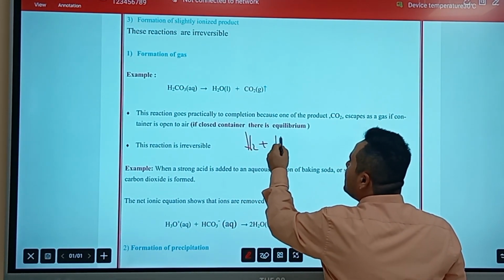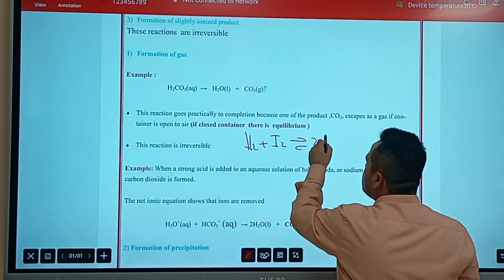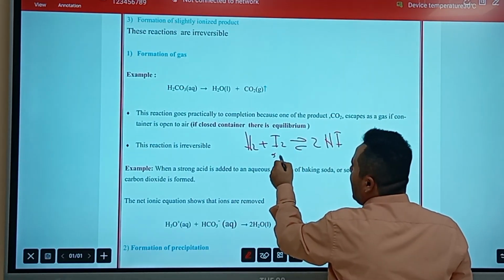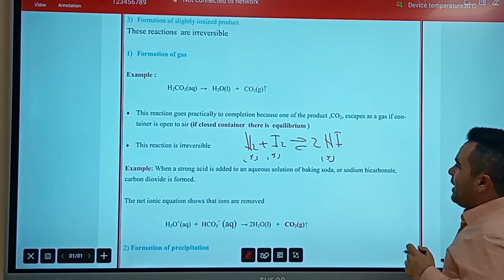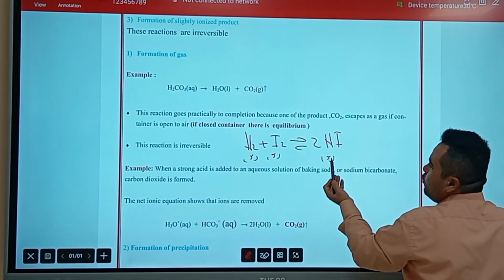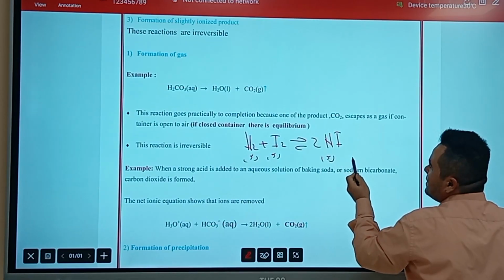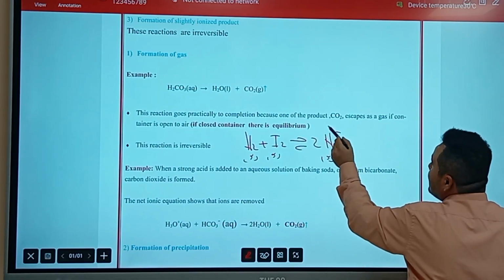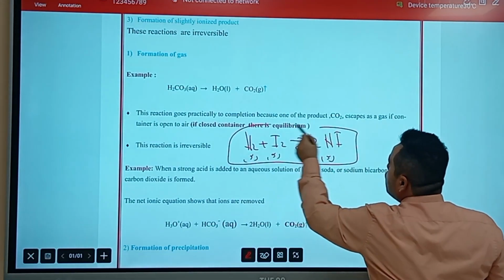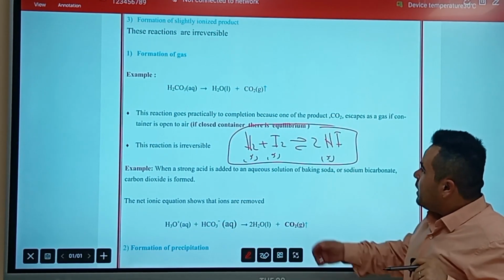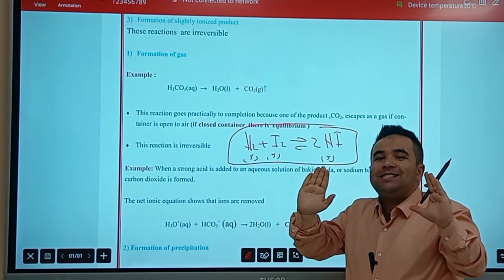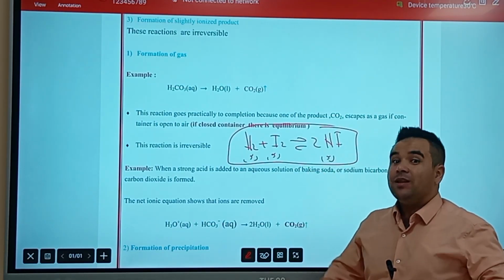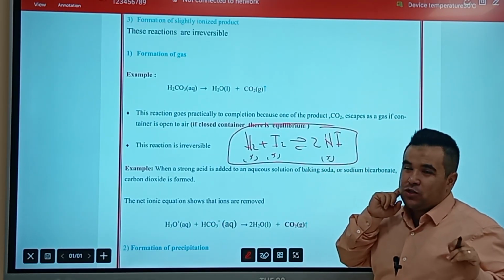H2 plus I2 will produce 2HI gas. You may guess that in this case there is a formation of gas in the product. This is not a reaction that goes to completion. Why? Because whenever we have gases in the reactant, it represents that the system is closed.